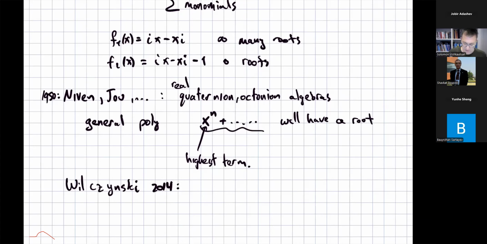Wilczynski generalized this by relaxing the demand that we have this monomial structure with monic, and basically he also says that if, for example, the highest term has only one zero, which in this case happens when x is equal to 0, then this polynomial should have a root.